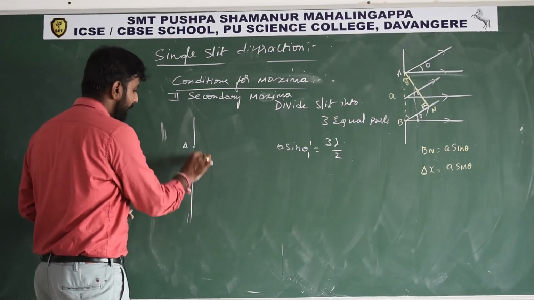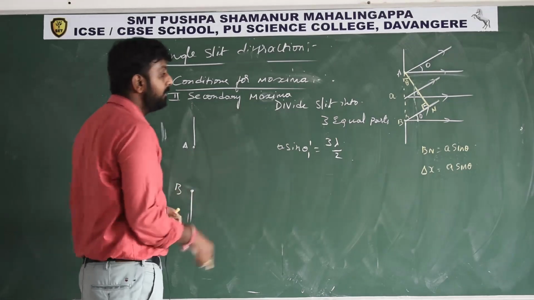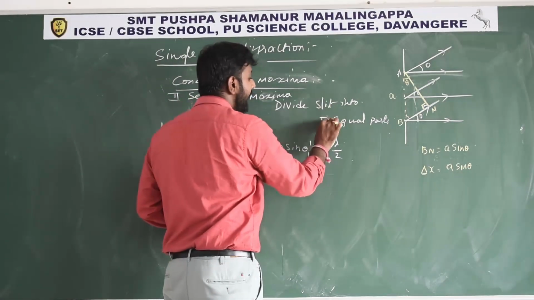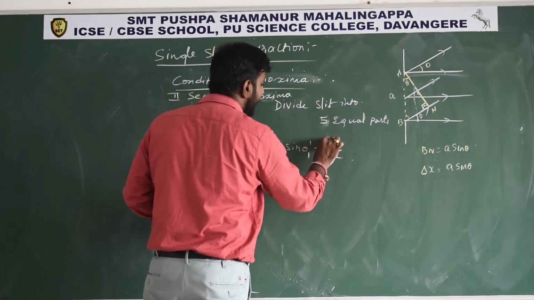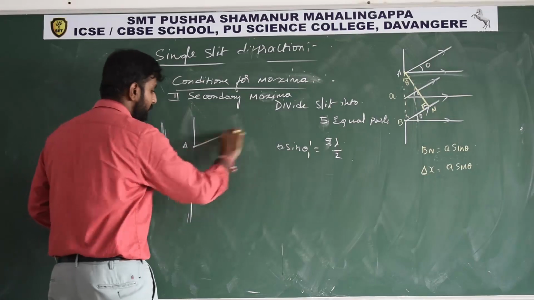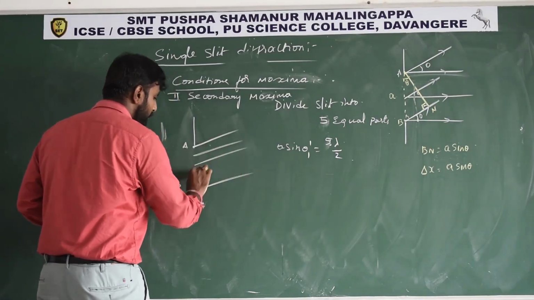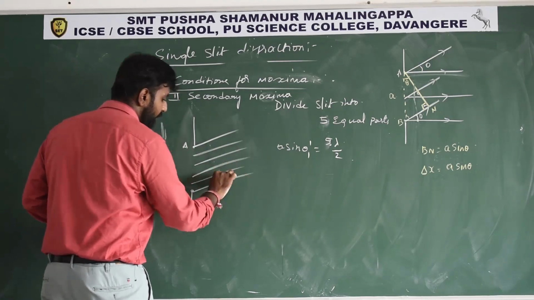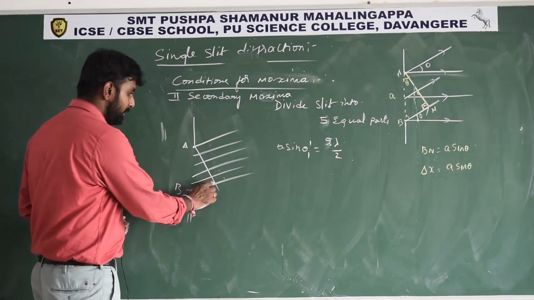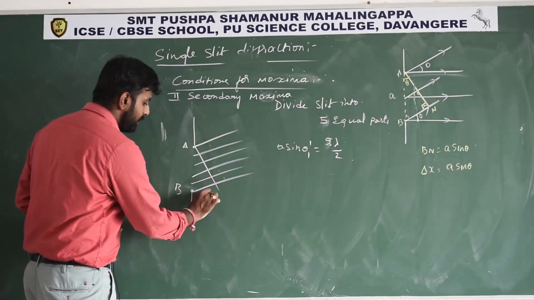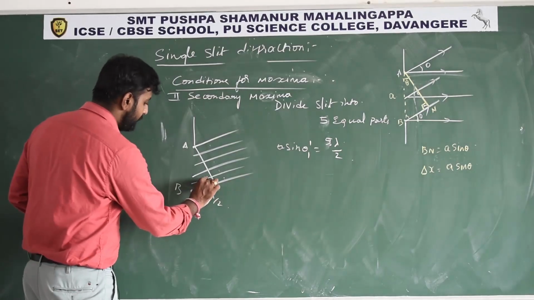This point is A, this point is B. Earlier 3 equal parts, next you have to consider 5 equal parts. Then the path difference, you have to consider 5 lambda by 2. So here you have to consider like this: 1, 2, 3, 4, 5 equal parts. Then the path difference you have to consider 5 lambda by 2. This 5 lambda by 2 means this is 2 lambda.